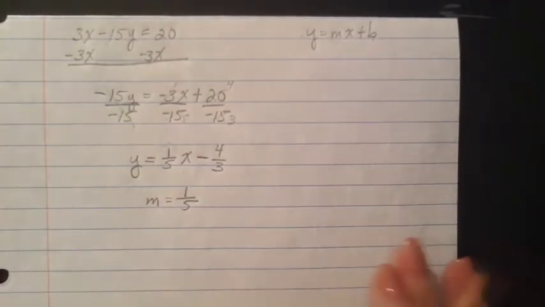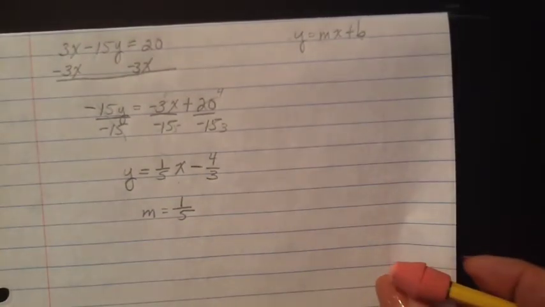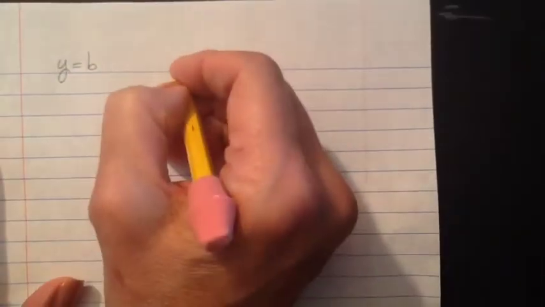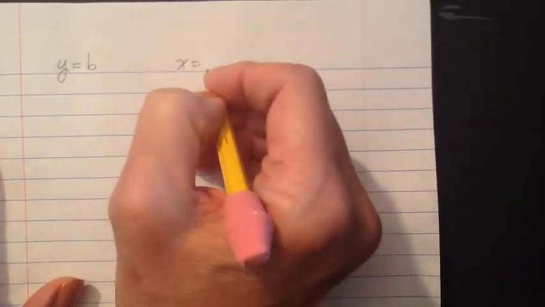Good. All right. Now there are two special equations that we could have. We could have an equation simply that says y equals some number, let's call it b, or we could have x equals some number, let's call it a.